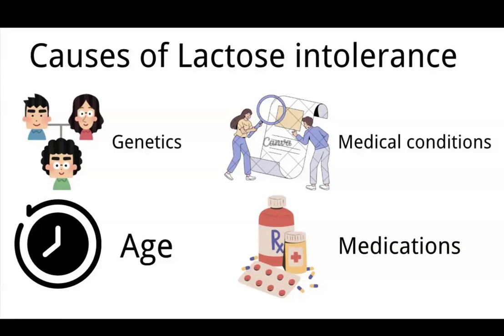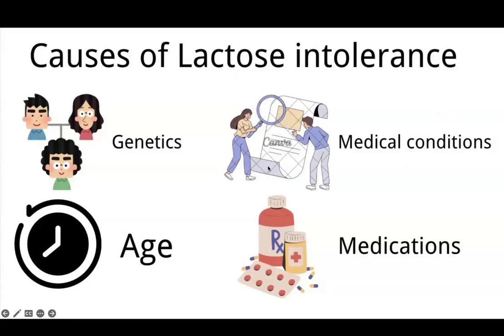So lactose intolerance can occur due to several reasons, including genetics. Some people inherit a genetic trait that makes it difficult for their bodies to produce lactase, the enzyme responsible for breaking down lactose. The second one is age. With age, the production of lactase may decrease in some people, making them more prone to lactose intolerance. The third one is medical conditions.